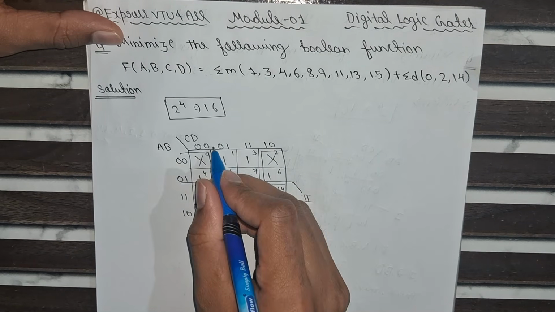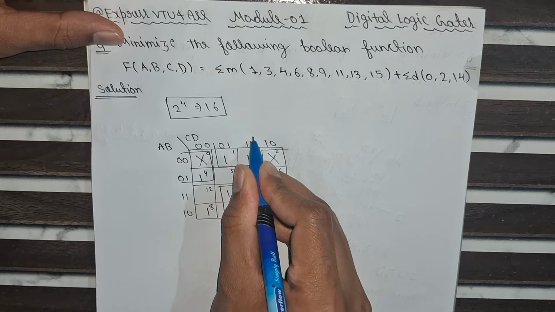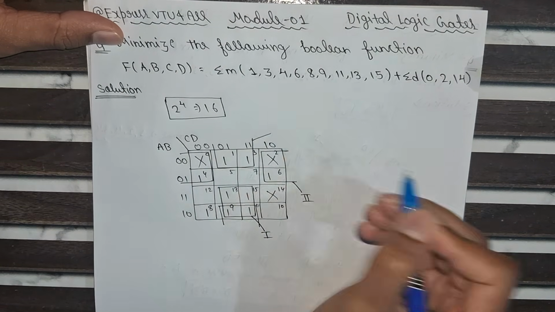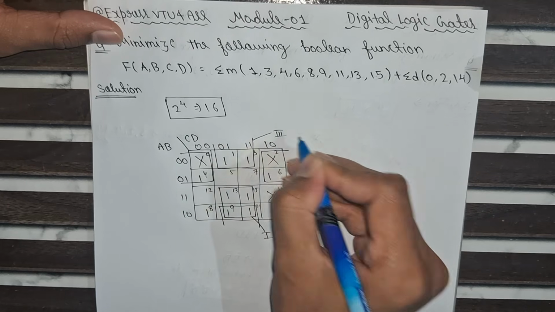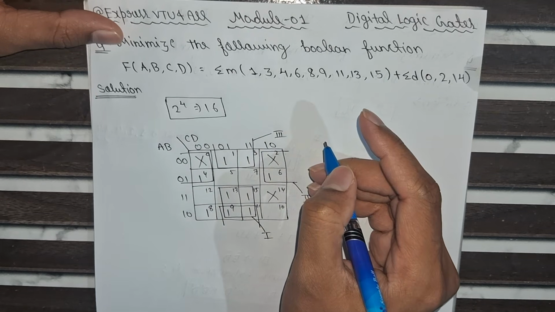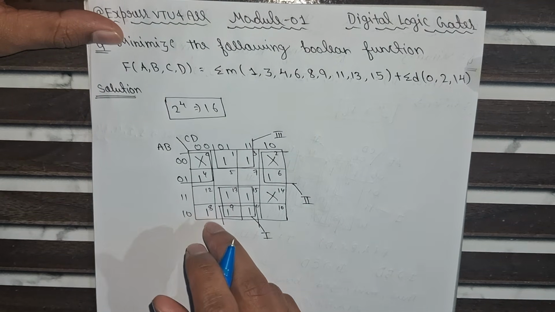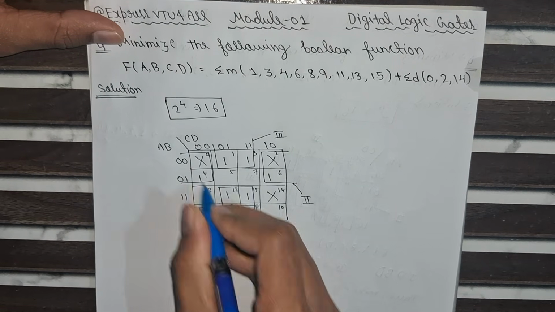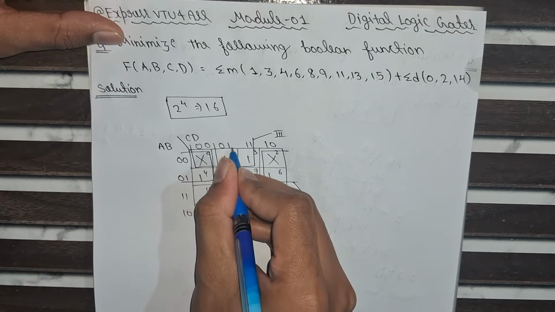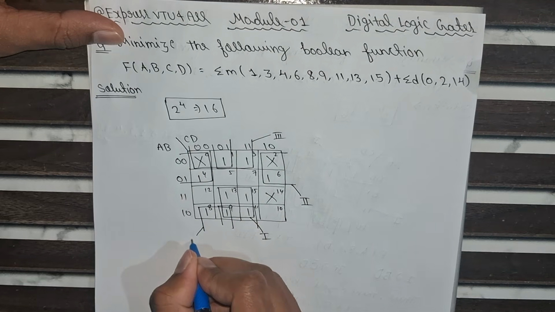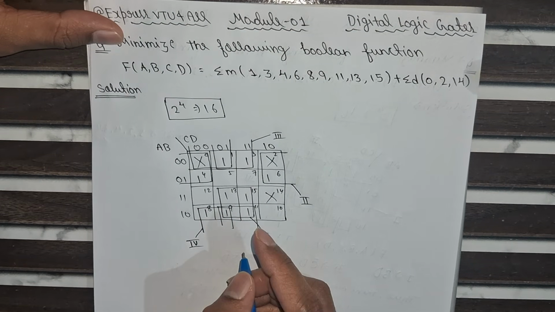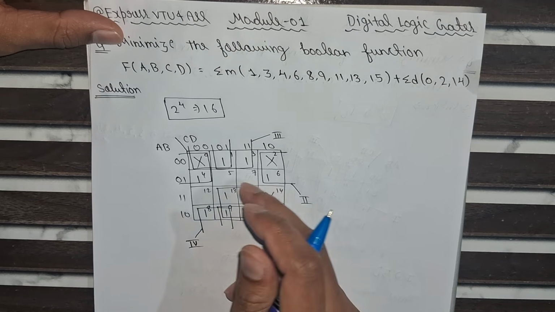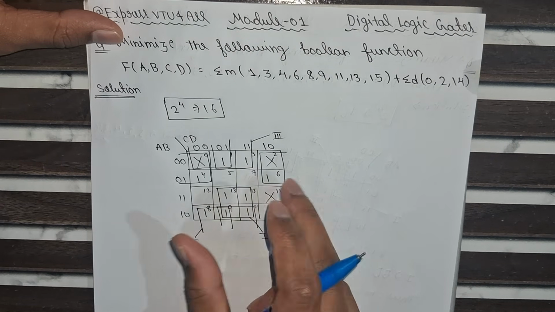Yes, we can make this by using these two and these two. We can make a group of 4, we name this third, and at the last, for the one which is missing, we can also make a group of 4 elements by using 2 and this don't care value and this one, so we name this the fourth group. Then we have to check if any element is missing or not. So we have covered all the elements of the minterms here.